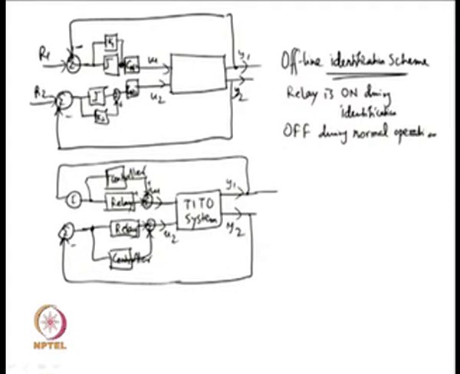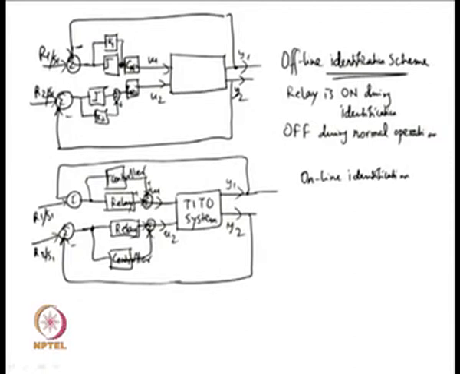And of course, now we can have the set values R1 and R2 or S1 and S2 as we have used in our last lecture. These are the reference inputs or set point inputs. So, how this online identification now is done.